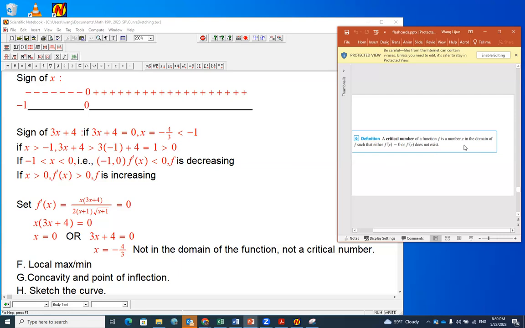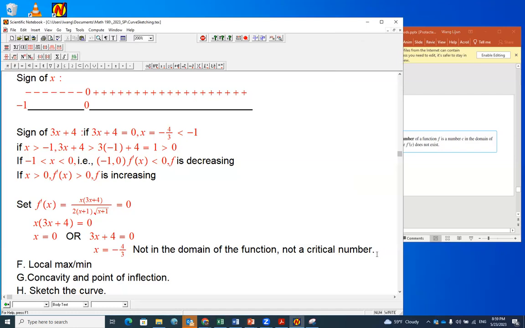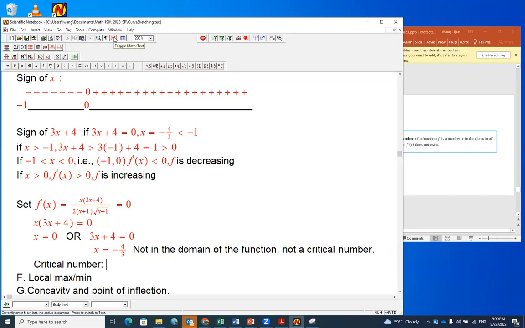So in either case, c has to be in the domain of f. Since x equals -4/3 is not even in the domain, it's not qualified to be a critical number. Okay, so the only critical number we have here is c equal to 0.